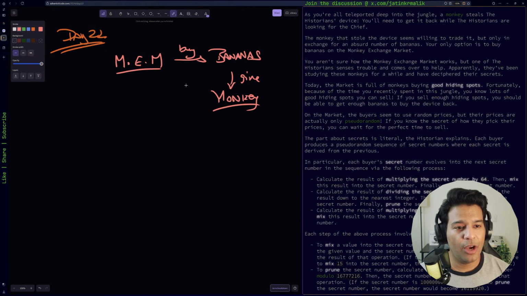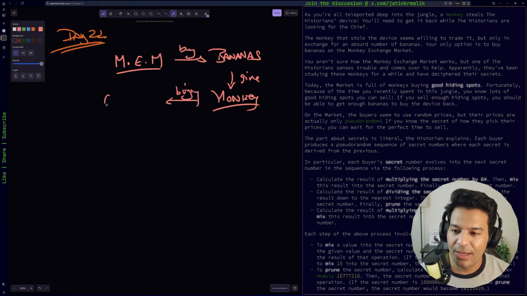So you aren't sure how the money exchange market works, but one of the historians senses trouble and comes over to help. Apparently, they have been studying these monkeys for a while and have deciphered their secrets. Today, the market is full of monkeys buying good hiding spots. So now it seems like if we keep expanding our association graph here, that monkeys are very interested in buying good hiding spots.